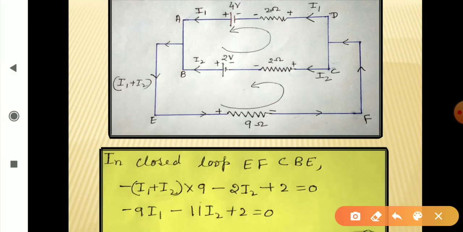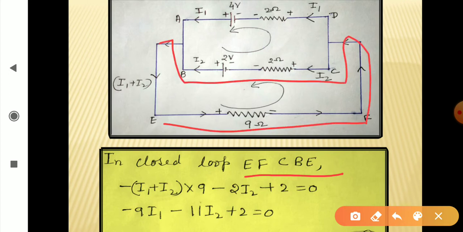See, in closed loop EFCBE, let us look at EFCBE. This is the closed loop, right? And we are moving along this direction only, right? And we are totally neglecting the outer cell.